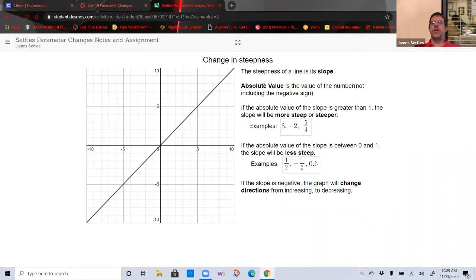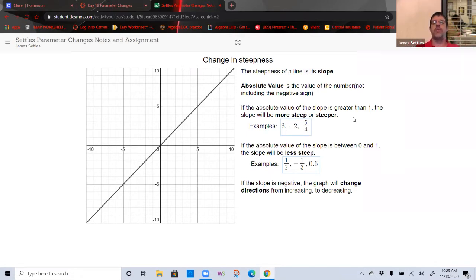Really quick, just a real quick talk about absolute value. Absolute value is when you look at the number without worrying about the positive or the negative sign. We're just going to look at the number itself. So if you look down where it shows some examples, and it says more steep or steeper, we only look to see if the number is bigger than 1. Now, we don't care about if it's positive or negative.